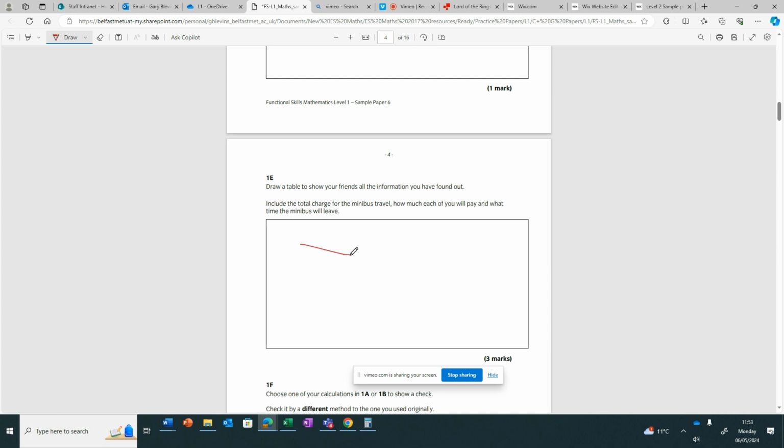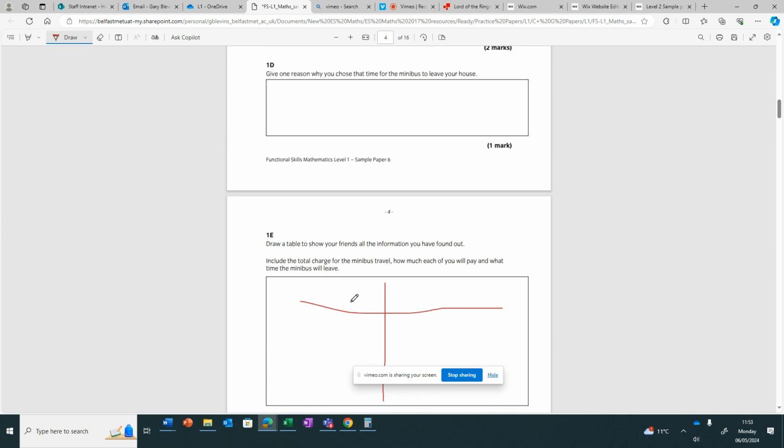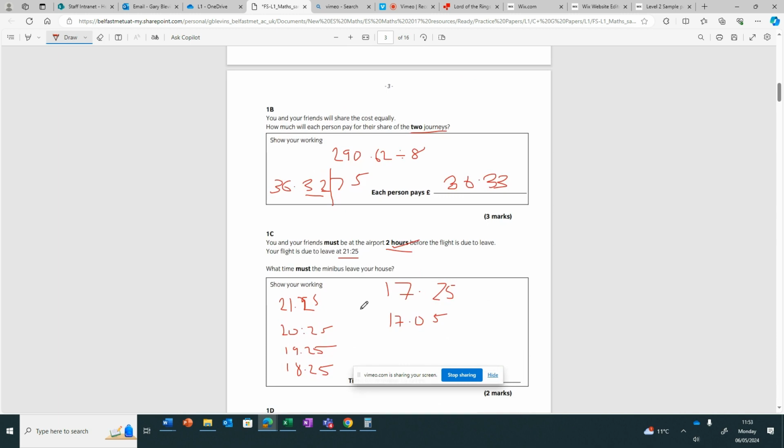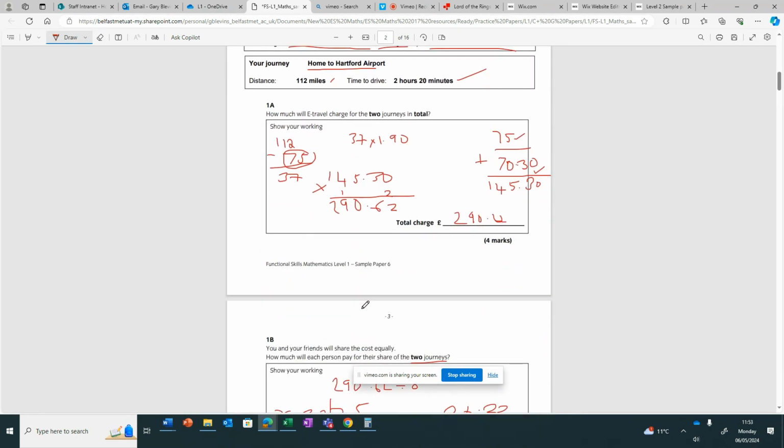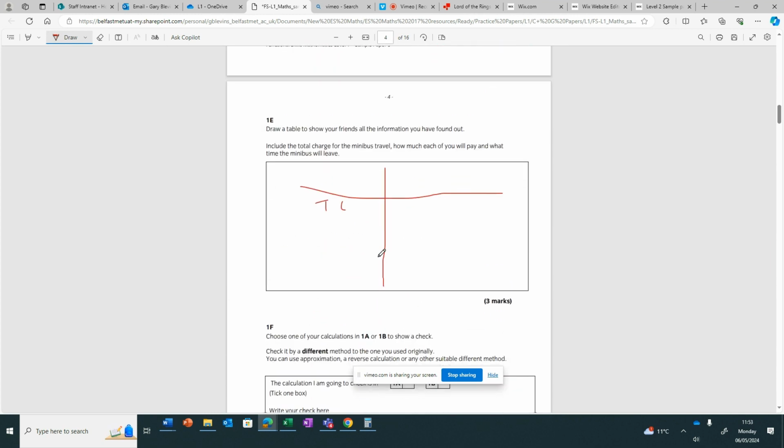Draw a table to show all your information. The table is just something like that, some columns and rows. Total charge for bus, what was it? £290 and 62 pence. I can't read my own writing. It's difficult writing with a mouse.